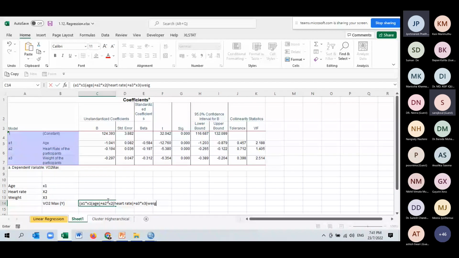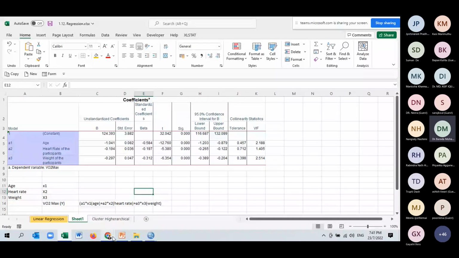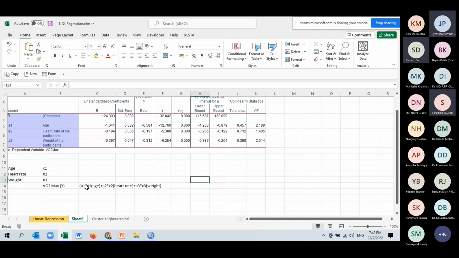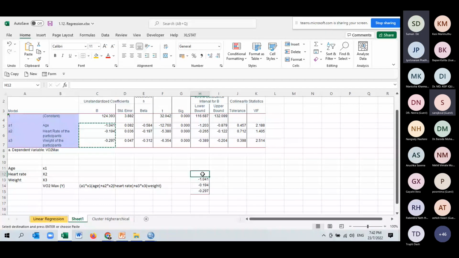So participants, can you all hear me? Yes, sir. Voice is audible. Okay. So now this is what we got. This is the value, you can paste it here. This is your coefficient.